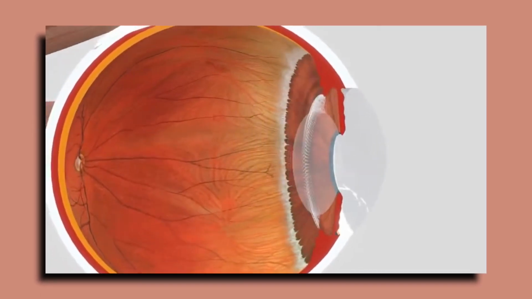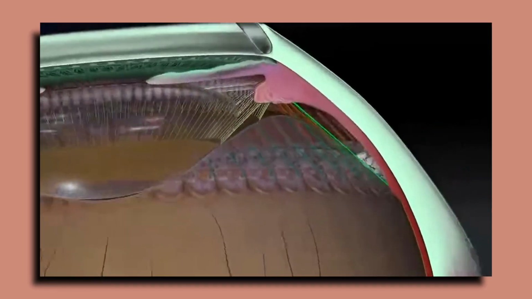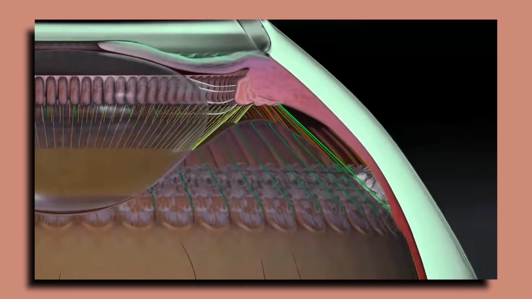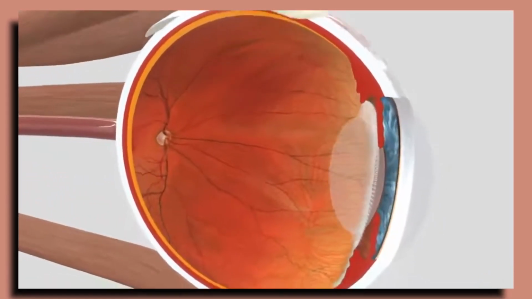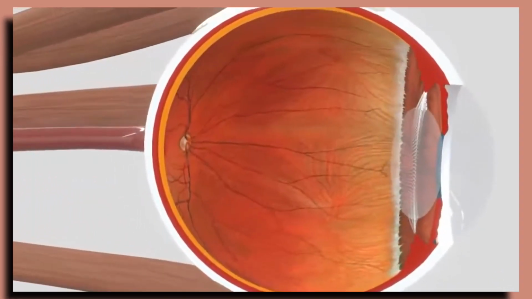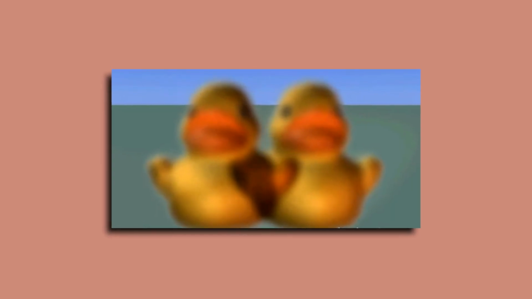The cornea and the lens bend the light rays to focus them on the retina. When the shape of the eye changes, it also changes the way the light rays bend and focus, and that can cause blurry vision.